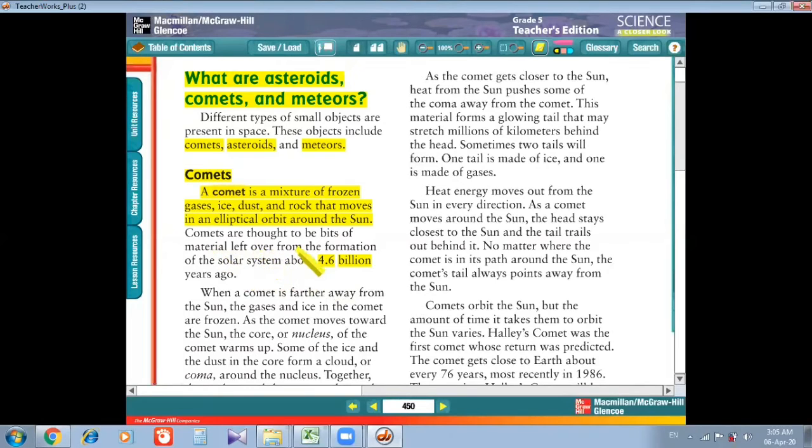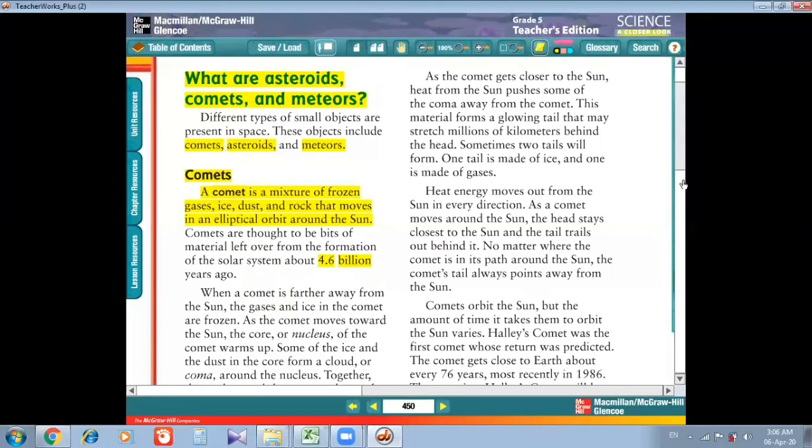It is the material left over from the formation of the solar system. And when did it happen? It happened about 4.6 billion years ago. Comets are thought to be very small pieces of the material from which the solar system was made.